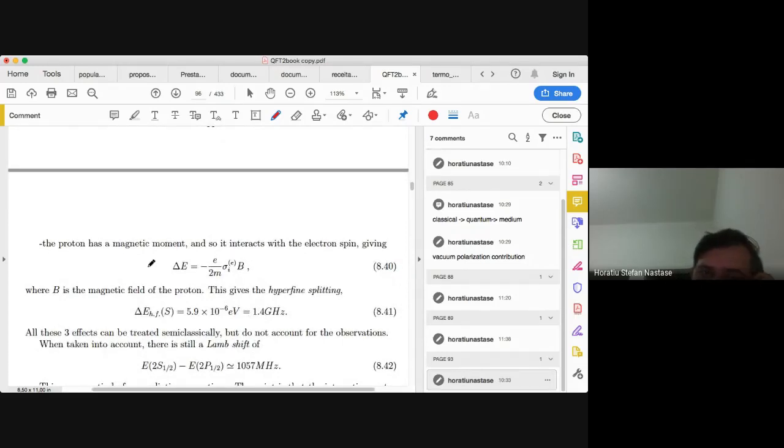Then we also have to remember that the proton itself has a magnetic moment, because it also has a spin. So it interacts with the electron spin, and that gives a delta E, which is minus e over 2m sigma of the electron times the magnetic field of the proton.